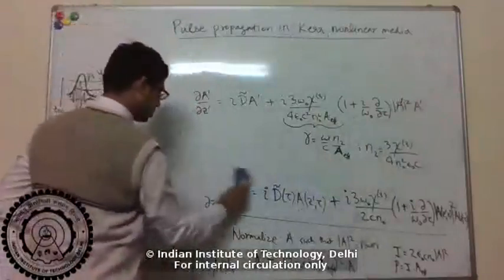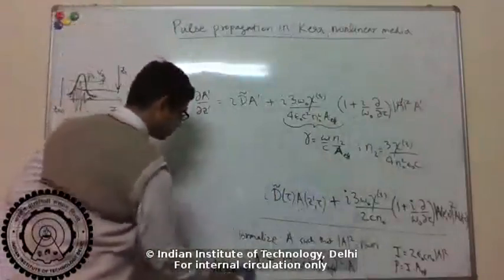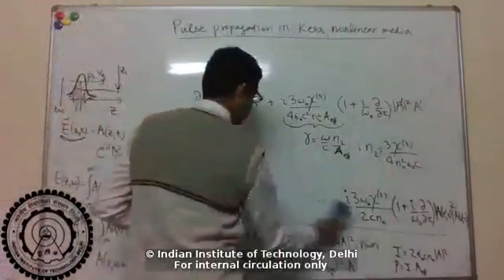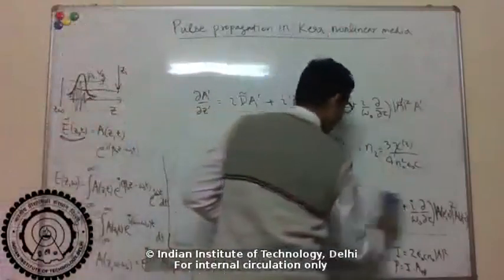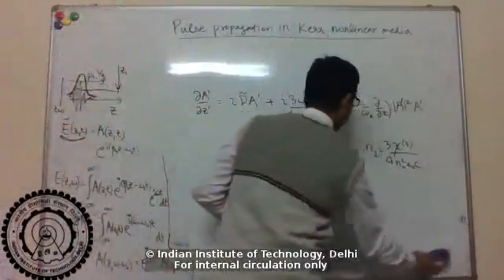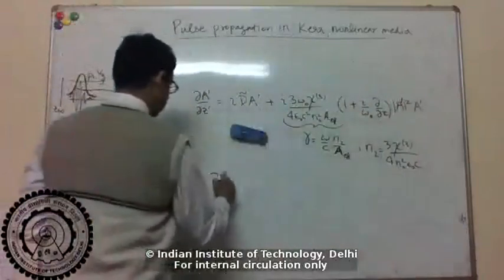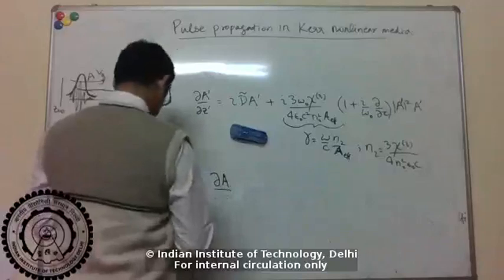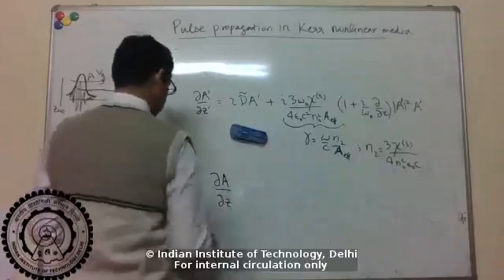So you can get rid of the primes, and finally write the equation like this.